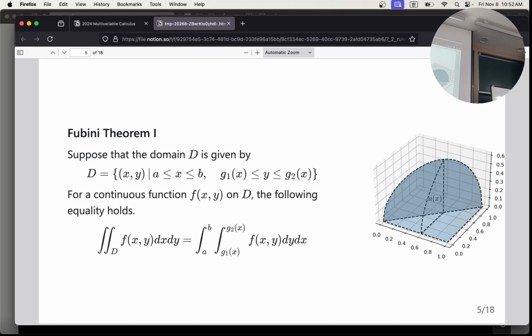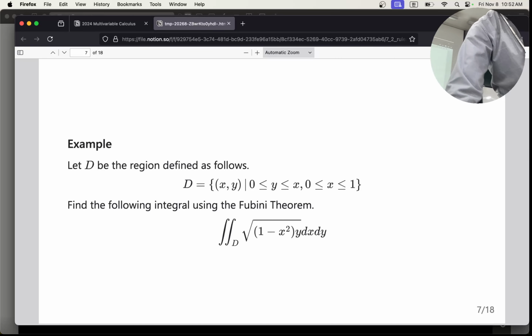So I'll give you an example here. Let's try to find the integral. Before trying to find this by Fubini's theorem, first try to write down the formula of an iterated integral that has the same value as this one in two different ways: one by integrating x first, and the other by integrating y first.